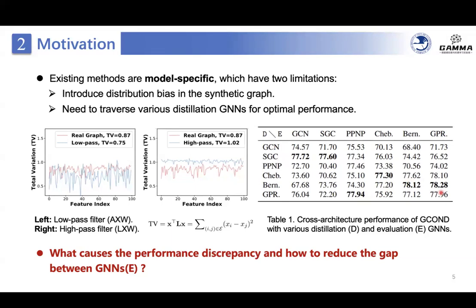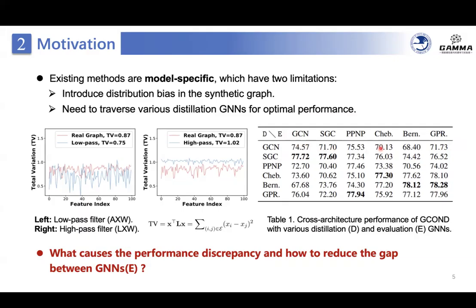An ideal solution is that we only need to perform the distillation once, and then we can use a single synthetic graph to train the various evaluation GNNs, while achieving comparable performance.